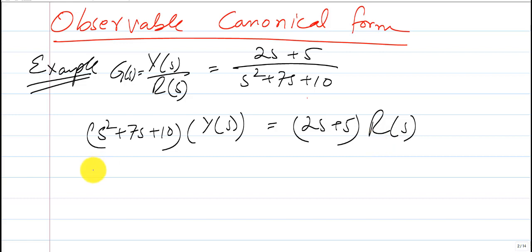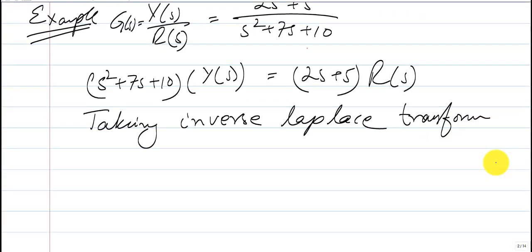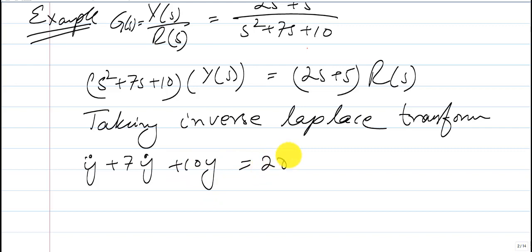Taking the inverse Laplace transform, we get y double dot plus 7y dot plus 10y, which is equal to 2r dot plus 5r.